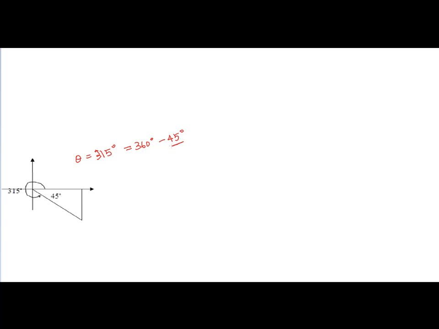So it's 45 degrees short of 360. So the angle 315 is sitting in quadrant 4. So when theta equals 315, the reference angle is 45 degrees.